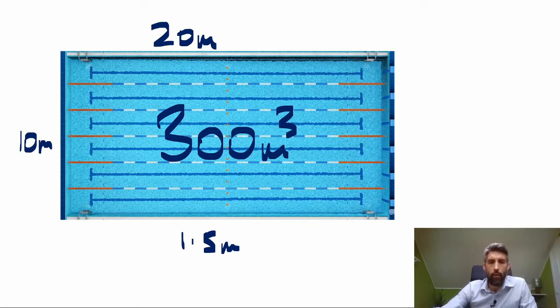Now, the next part of this is to calculate how much chlorine you would have to input into that volume of water to increase the free chlorine, let's say by 1 milligram per litre. It's easier if you work in multiples of 1.